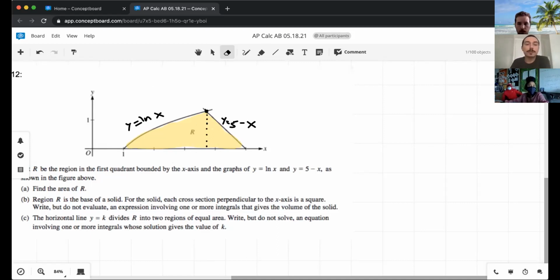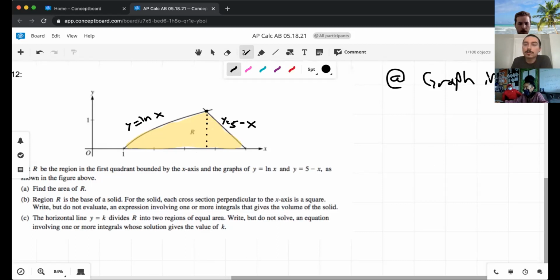My suggestion, this is calculator allowed. Graph these two functions in your calculator. Once you graph these functions, you can use a special feature of the calculator to find the intersection. The first thing we need to do is find that point of intersection.